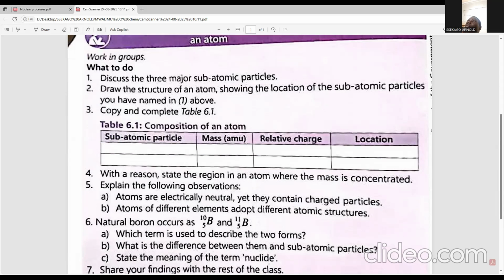Then what is the difference between the atoms above and the subatomic particles? Then you also state the meaning of the term nuclide. Here they are telling you to share your findings with the rest of the class. You will share your findings with the teacher. Take note of that.